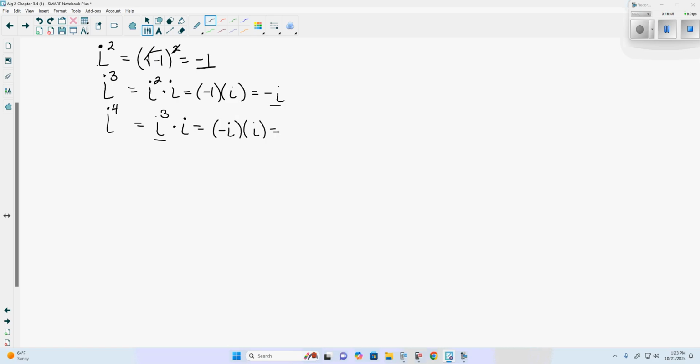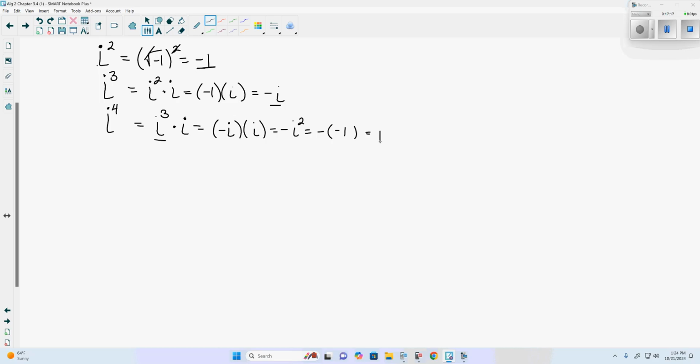Questions on this here? Now, negative i times i would be negative i squared. Well, we already know the value of i squared. What is it? So negative negative 1, which is 1. So i to the fourth simplifies to 1.